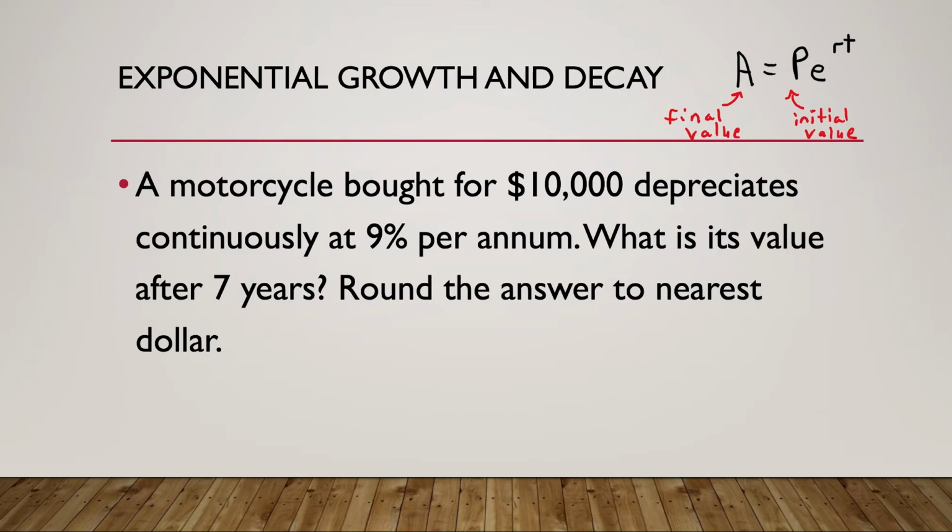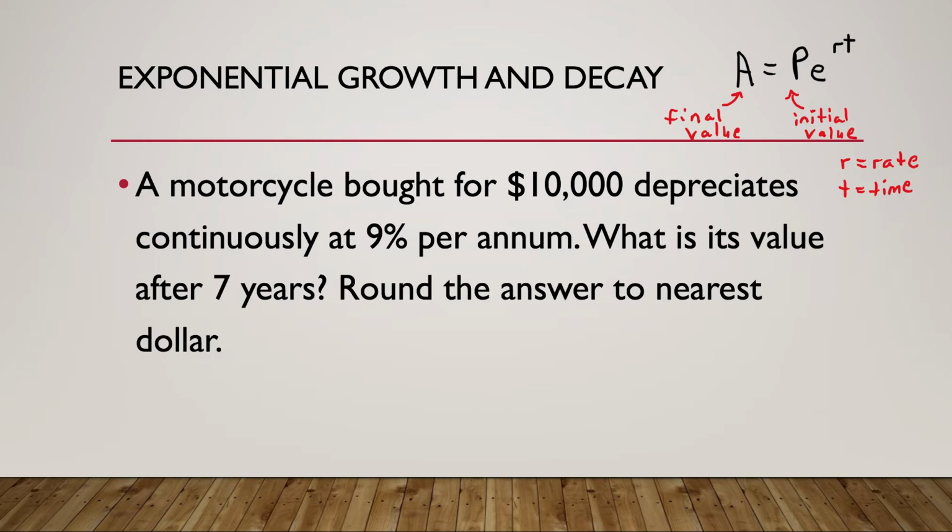The R is going to be your rate of either exponential growth or decay, and T is going to be your time. So those two hopefully are fairly straightforward. R is the rate of growth or decay, and T is the time. For the most part, these problems are fairly straightforward in that we're simply plugging numbers into the correct place.